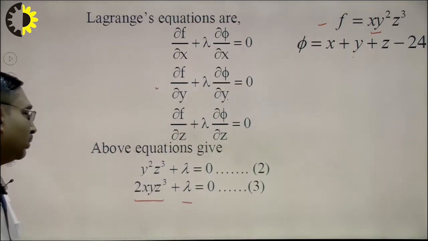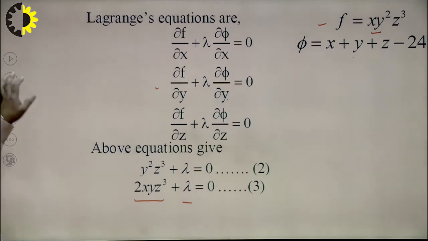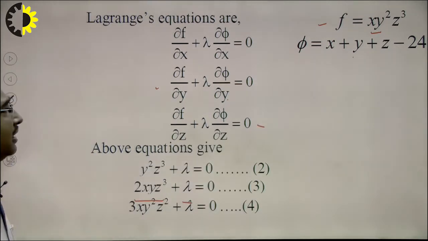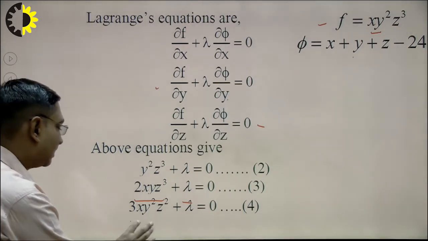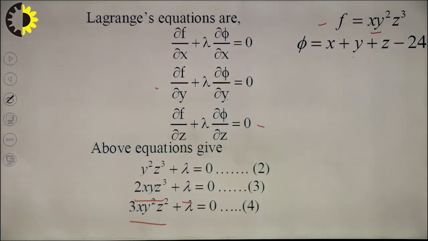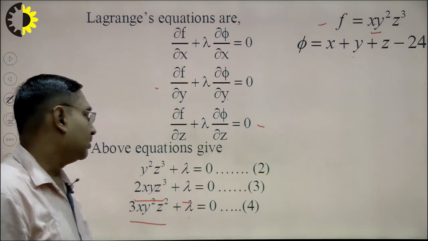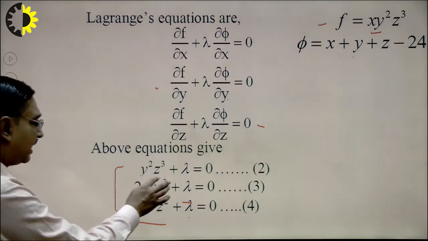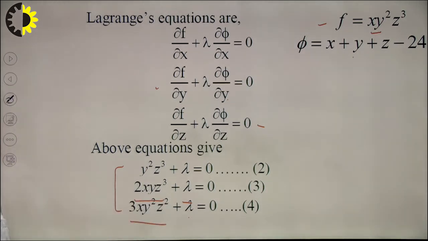So, it will be 2 x y z cube plus lambda equal to 0. Third equation from here will be del f over del z, that is 3 x y square z square plus lambda equal to 0. Now, I got 3 equations 1, 2, 3 in terms of x, y, z and lambda.